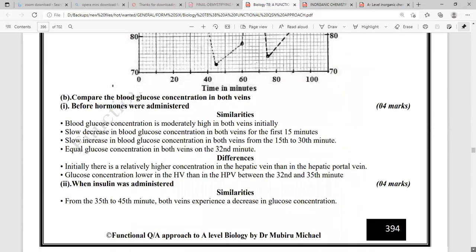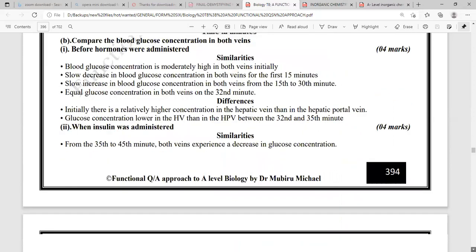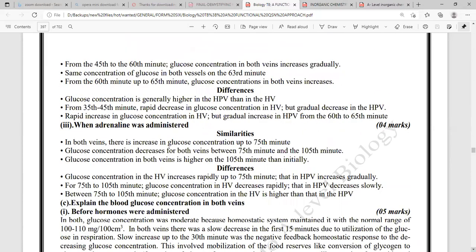After drawing the graph, move on and compare the blood glucose concentration in both veins before the hormones were administered and after, that is, before hormones were administered, then when insulin was administered, and then when adrenaline was administered.